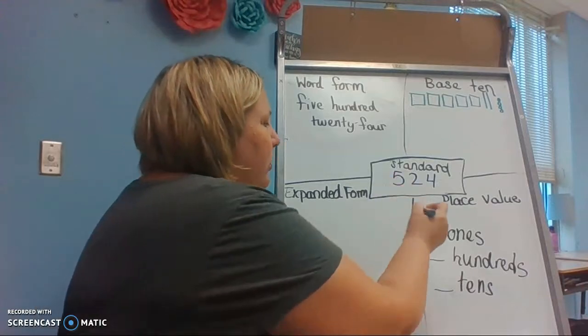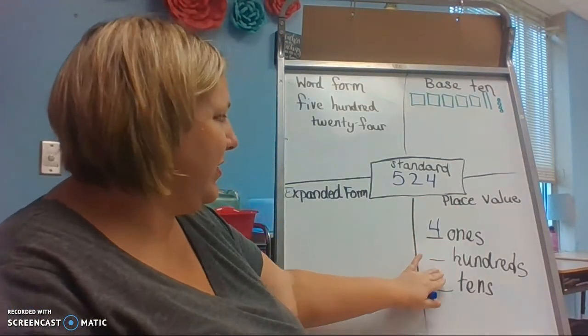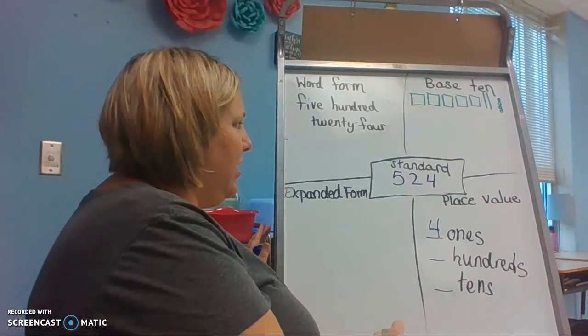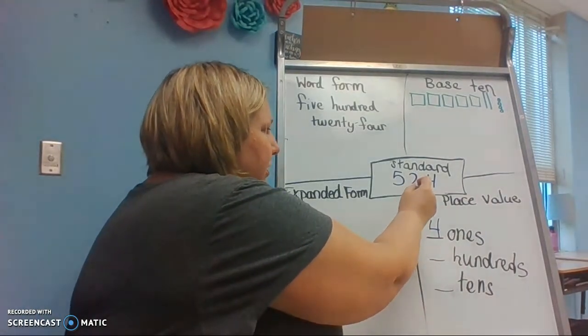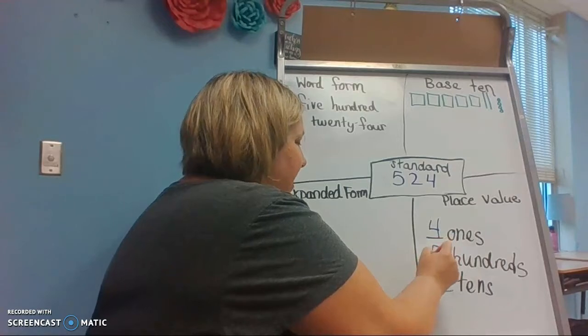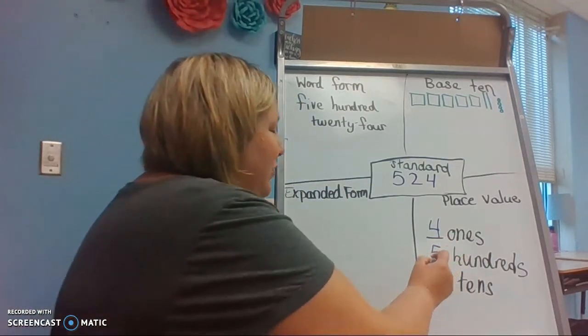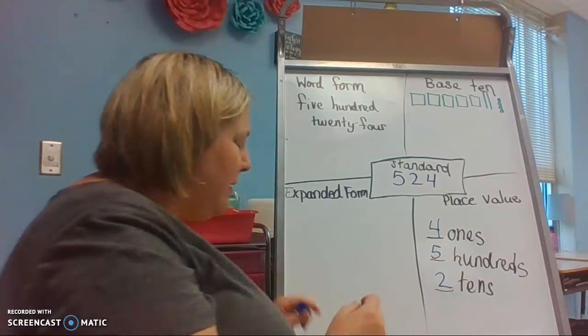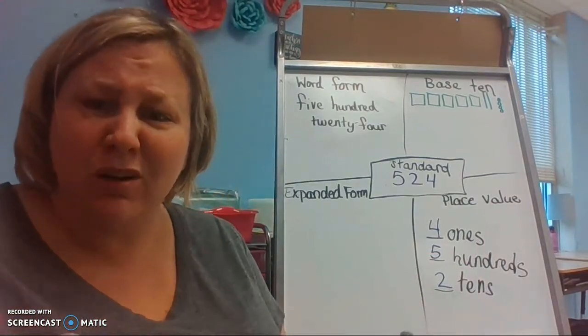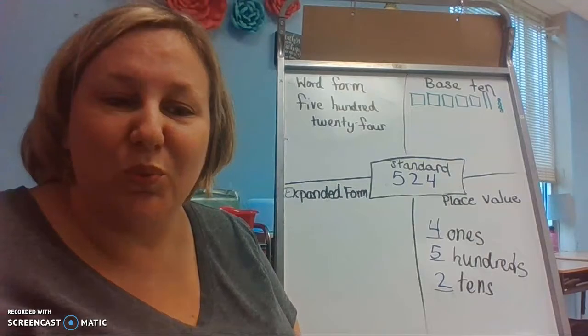That's right, 4 1s. How many hundreds are there? That's right, it's a 500. And how many 10s are there? 2 groups of 10s. Man, y'all are just too smart. I can't believe I can't trick you. All right, we're going to do one more.